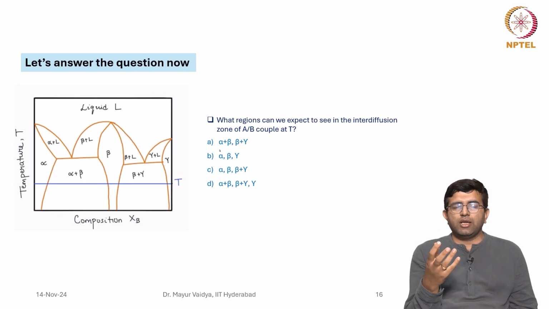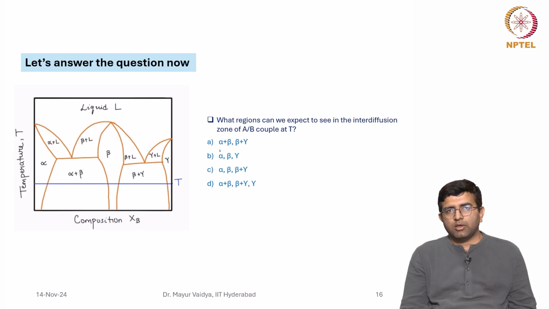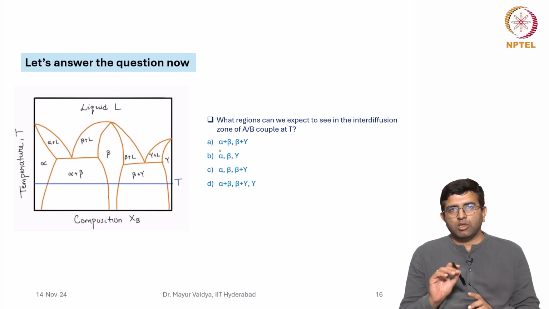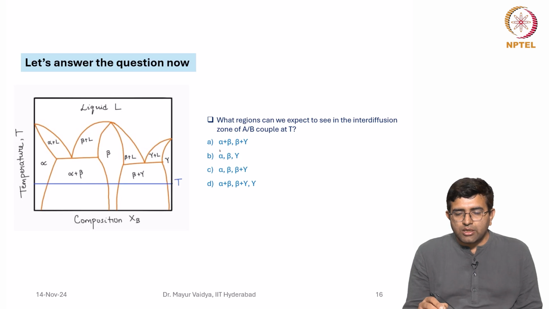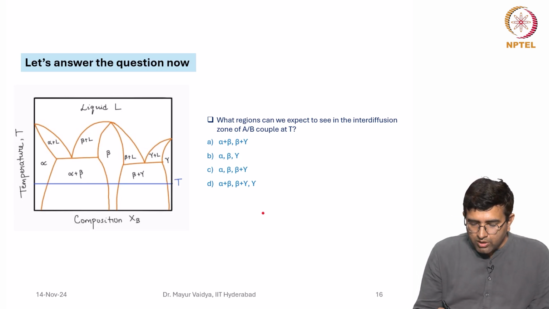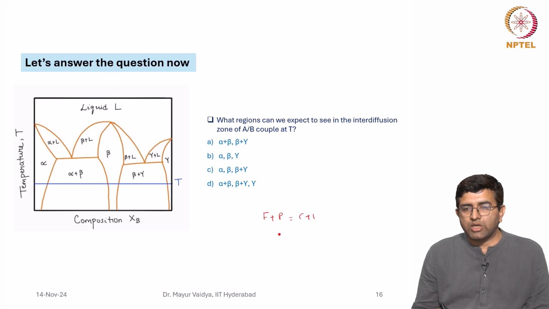Why is it that you do not see a mixture in the interdiffusion zone in a binary diffusion couple? You only see a single phase region. The answer here can be understood from the Gibbs phase rule. We saw that the Gibbs phase rule is F plus P equals C plus 1, which is the condensed phase rule.